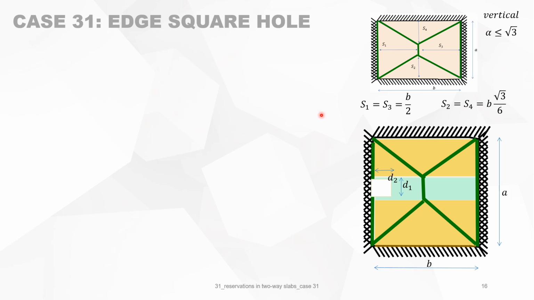We can now calculate the work done by the external forces, which is the summation of the triangles. So it means it's B times S4 plus B times S2, sorry, and times the mean deflection, which is delta over 3.